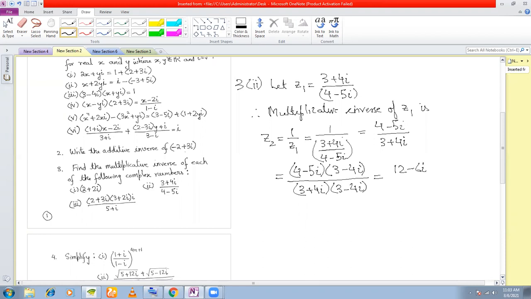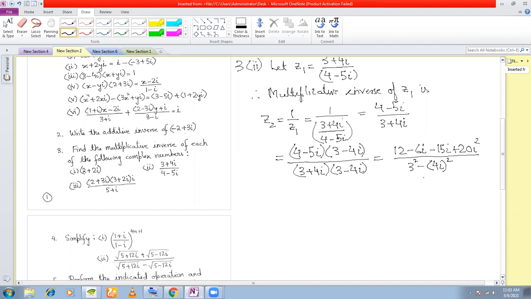You get 12 minus 16i minus 15i plus 20i square. And the denominator, you get 3 square minus 4i square. So here you get 12 minus 20, because plus 20i square means minus 20.